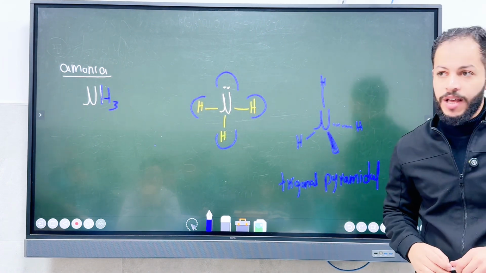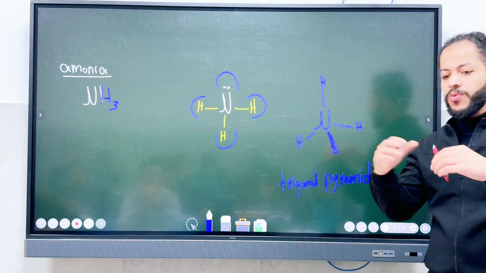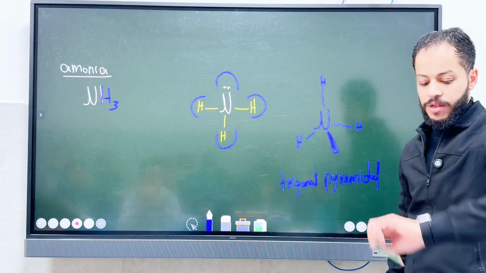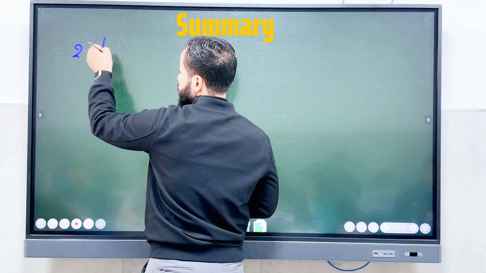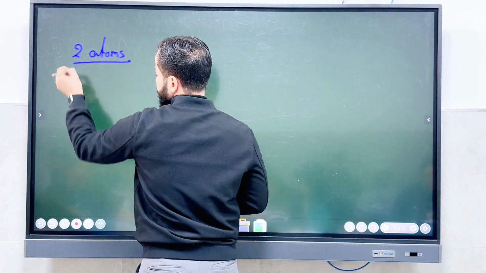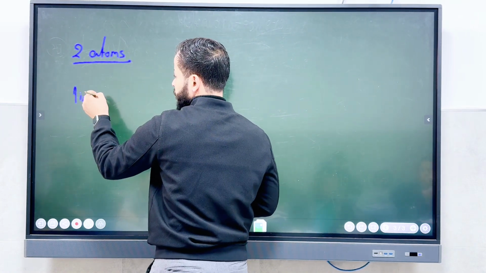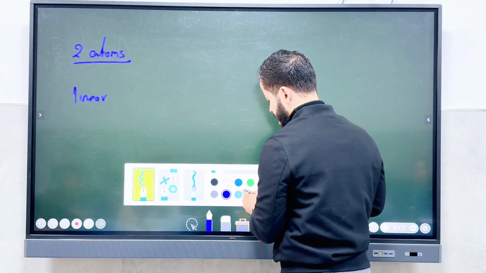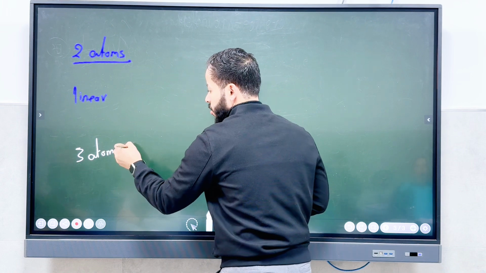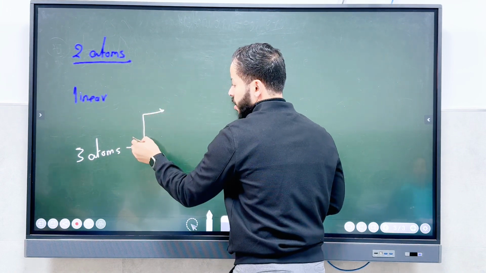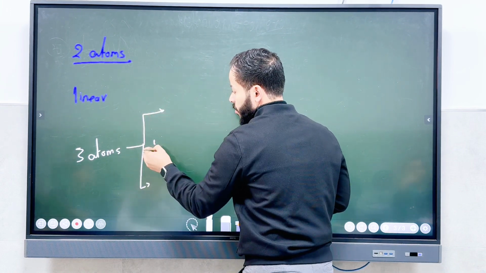But before that, let's make a summary of what we said from the beginning of this class. We have two-atom molecules. What is the shape of it, guys? Linear. Right. If we have three-atom molecules, I have to ask you questions. Is there a lone pair?